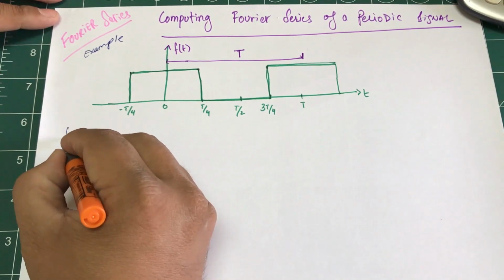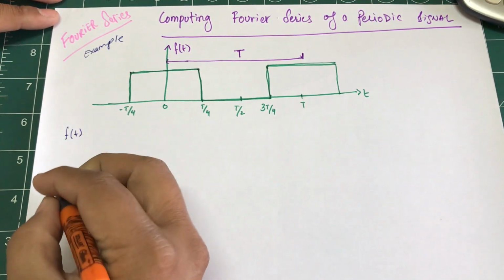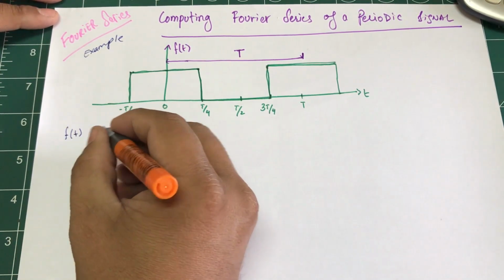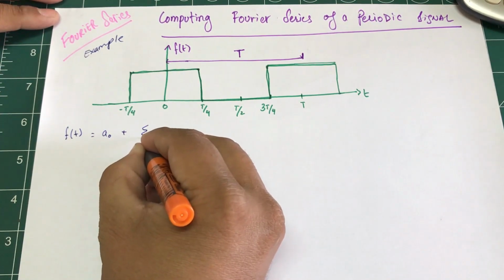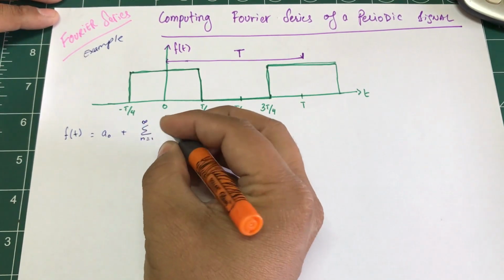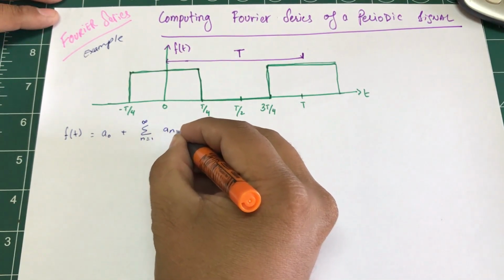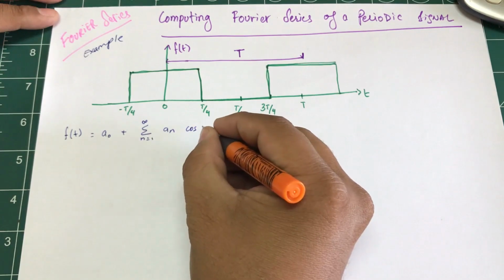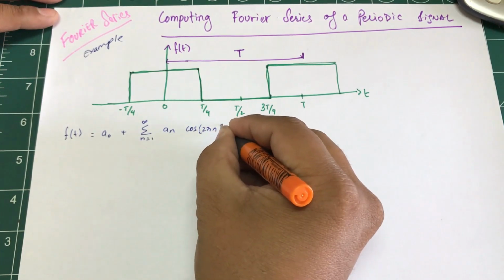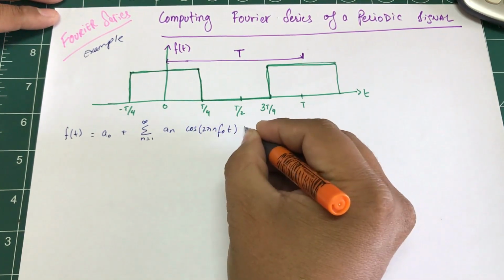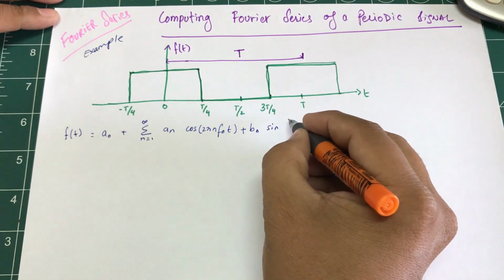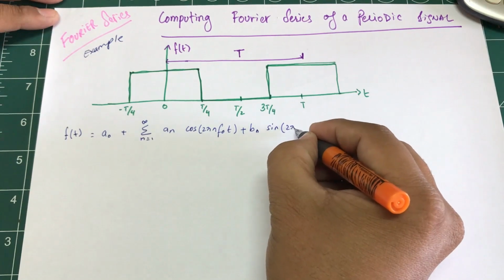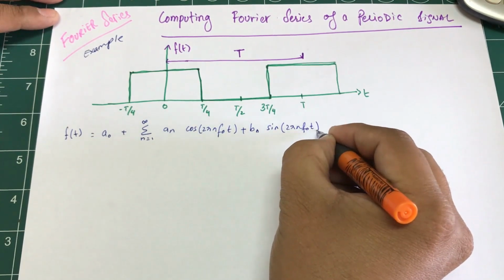So we're going to pick up our basic form, which is f of t. f of t is a naught plus the summation, n goes from 1 to infinity, of an cos 2 pi n f0 t plus bn sine 2 pi n f0 t.